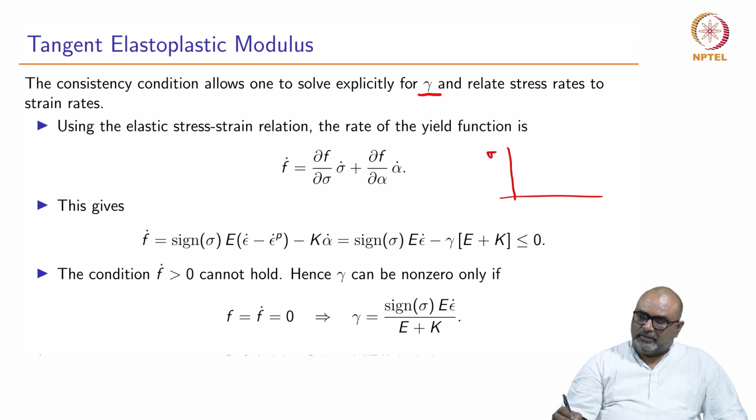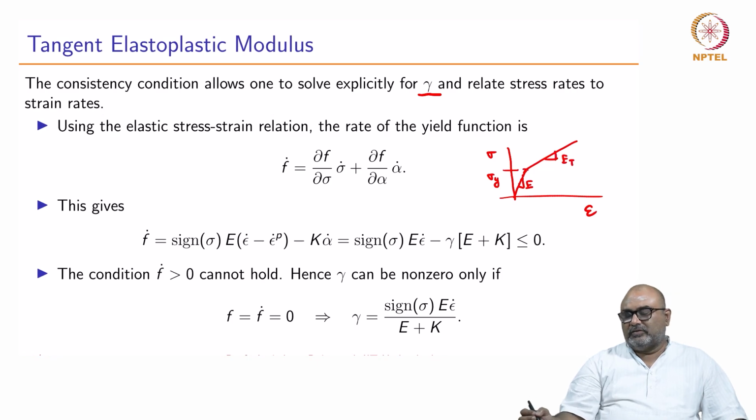So, when we look at the sigma-epsilon curve, up to the initial yield sigma y it is linear elastic with modulus E, and beyond this the modulus is given by Et, called the tangent modulus, which is an idealization.